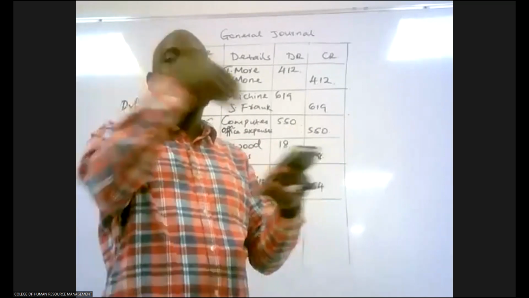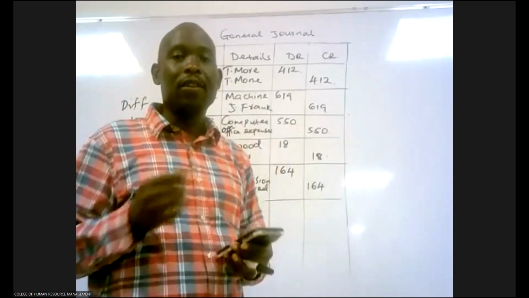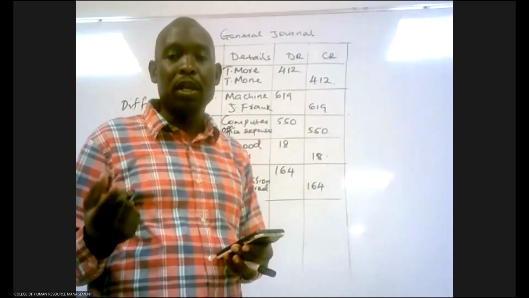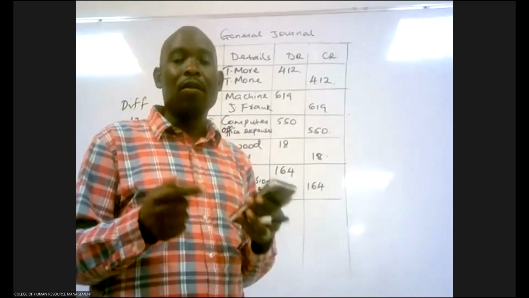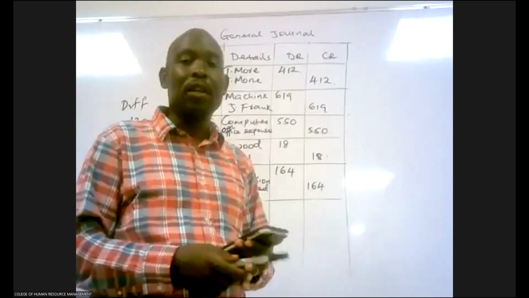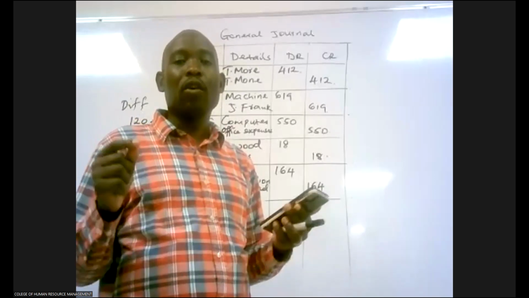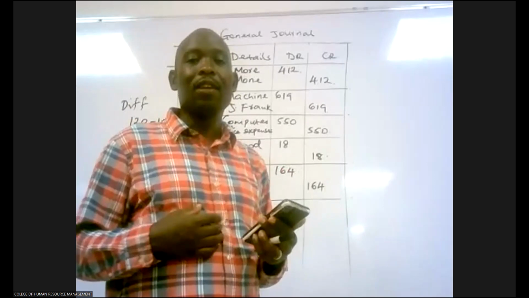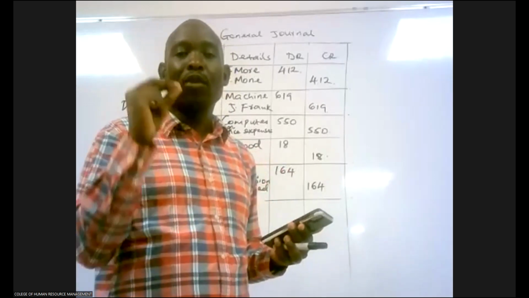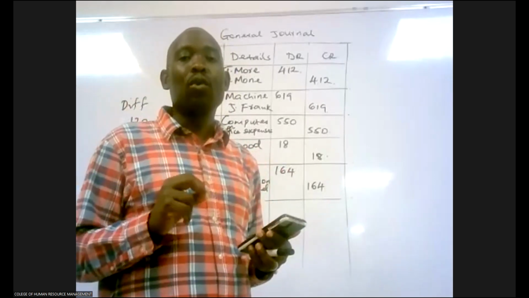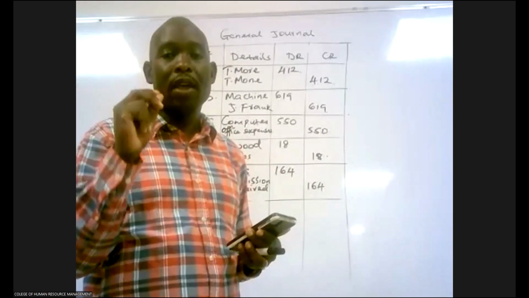We have interchanged those entries. The account to be debited has been credited. The one to be credited has been debited. We said this, when that happens, you should record them on the correct side, but always remember to double the amount.